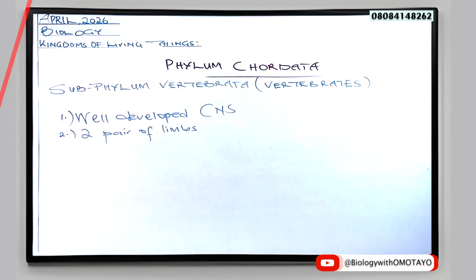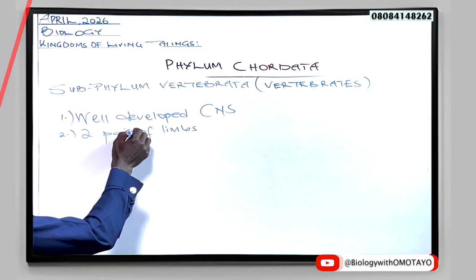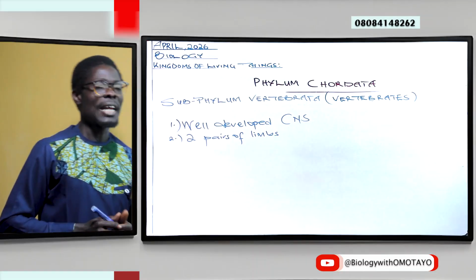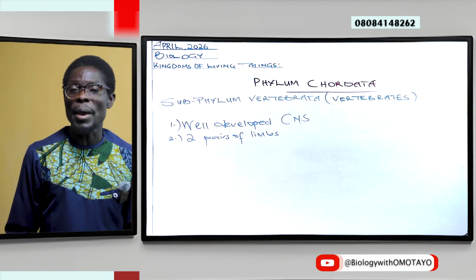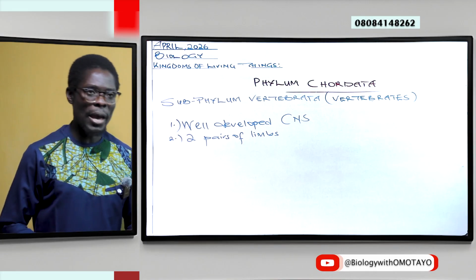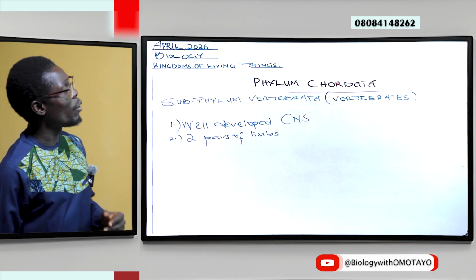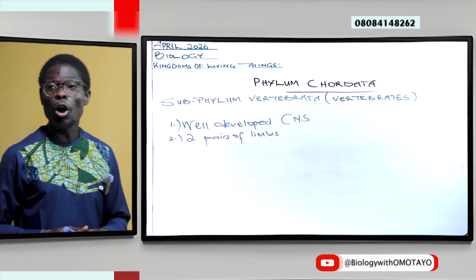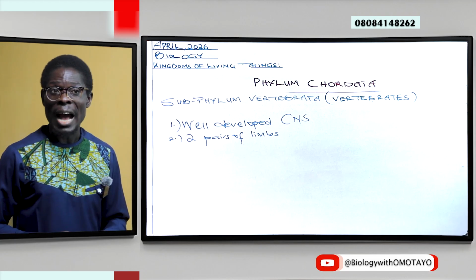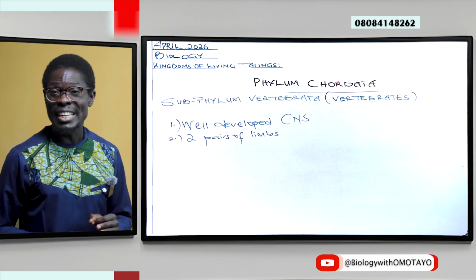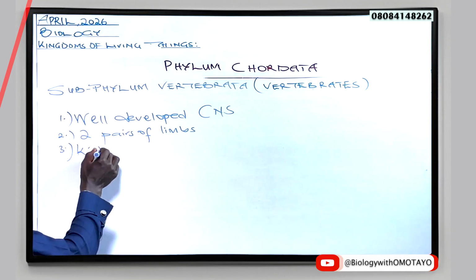Also, they have 2 pairs of limbs. That is to say, a pair of forelimbs and a pair of hind limbs. Also, organisms here have the kidney being used as an organ of eliminating waste, that's the organ of excretion.